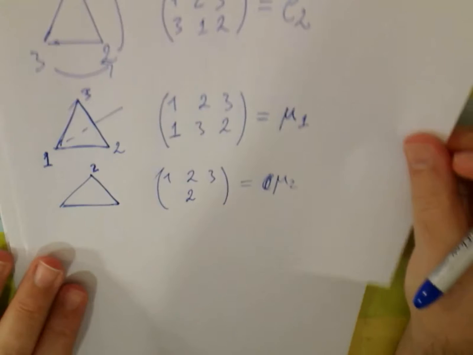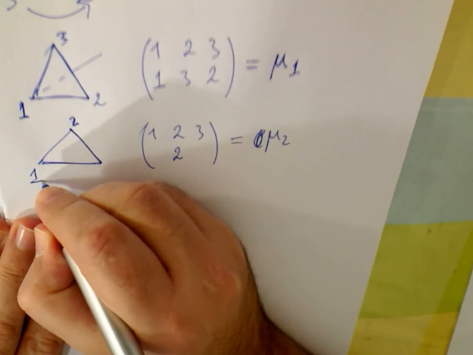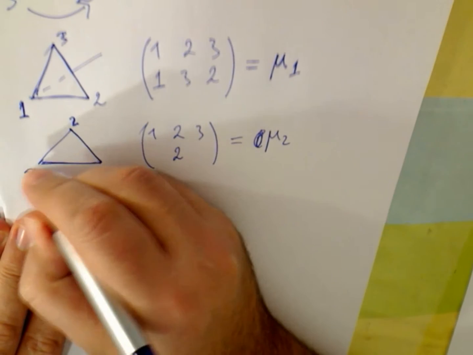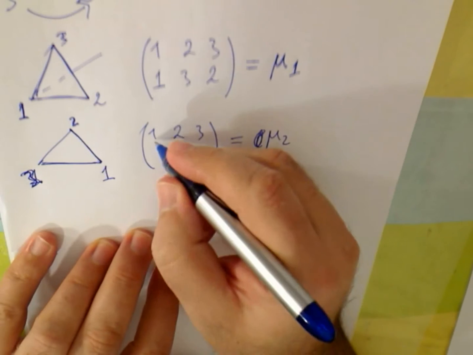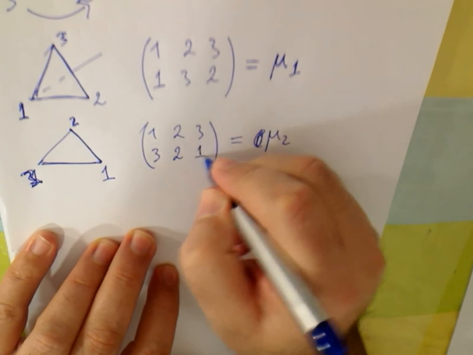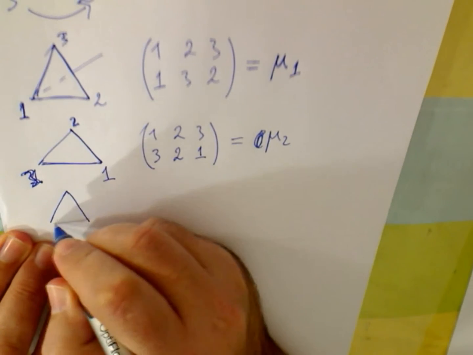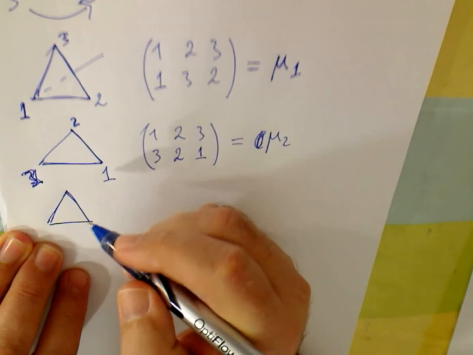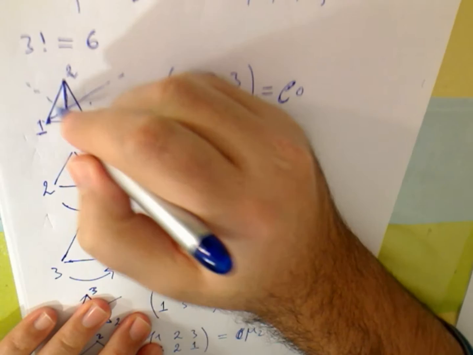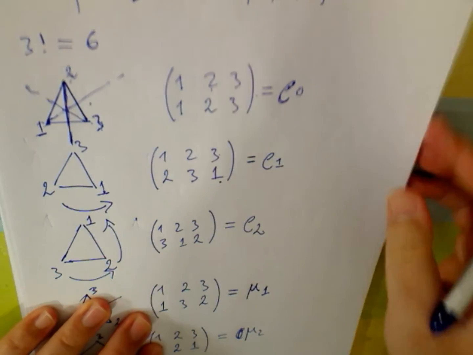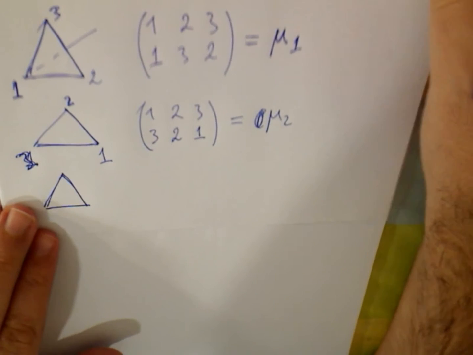So 1 goes to 3 and 3 goes to 1. By now you know what I'm doing, so the last one is going to be the last possible mirror here. Switch 1 and 2 and keep 3.